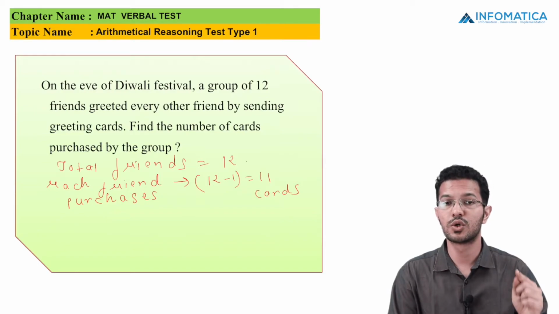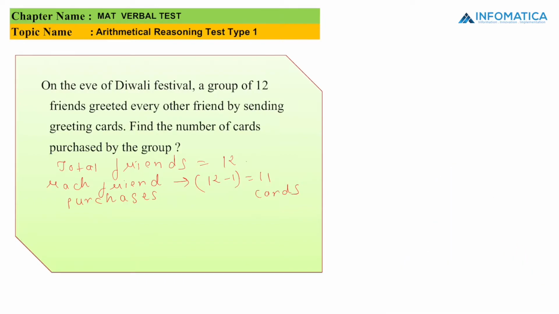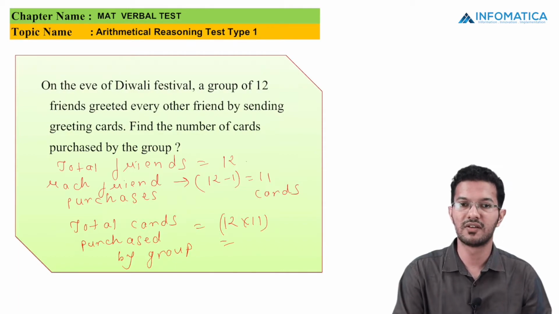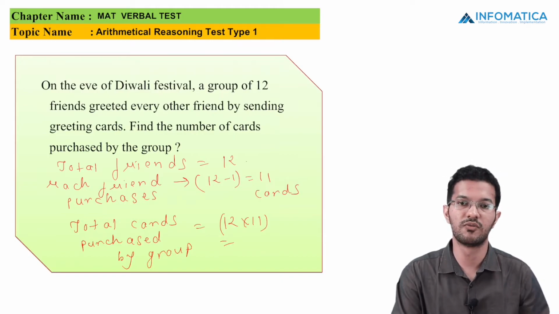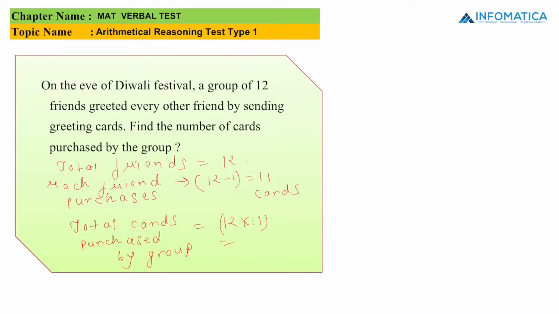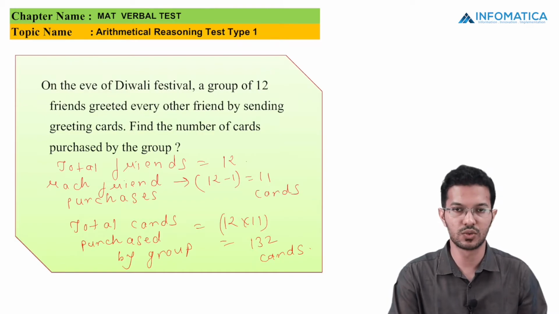So students, the total number of cards purchased by every one of them will be 12 multiplied by 11. And students, 12 into 11 gives me 132. So the total number of cards purchased by the group will be 132 cards. Hence, the answer to this question is option C, which is 132.